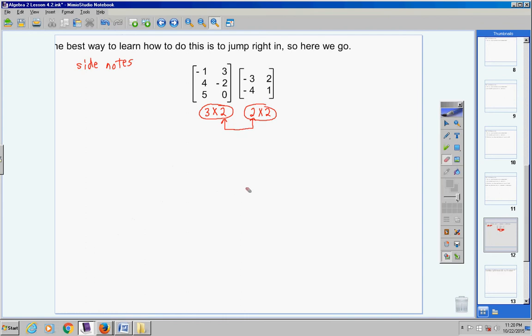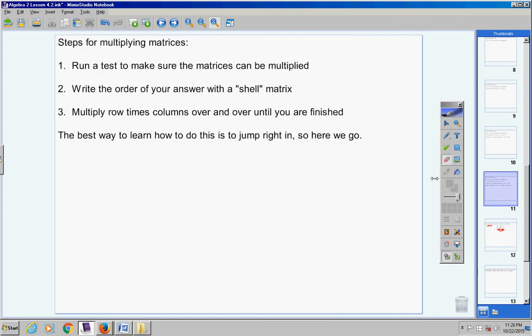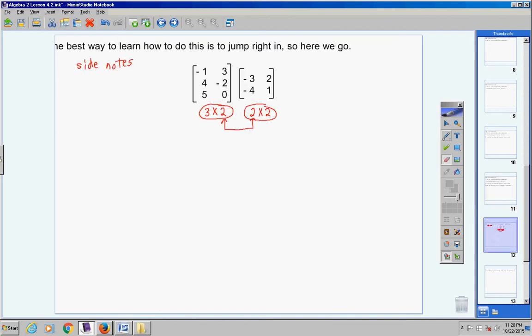Now step 2 says to write the order of your answer with a shell matrix. Now can I show you how to do that? Please watch. If your inside numbers match, then you look at your outside numbers. You have a 3 and a what? 2. Guess what, students? That's the order of your answer.